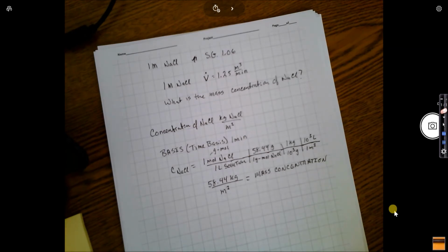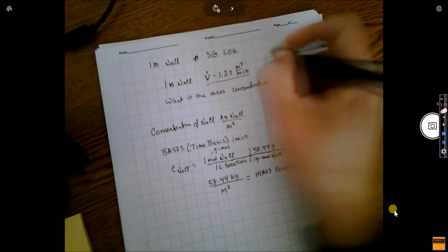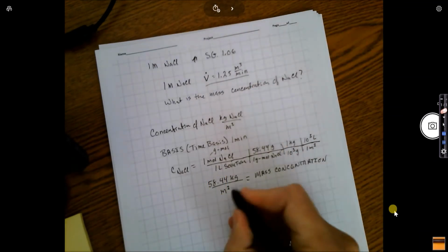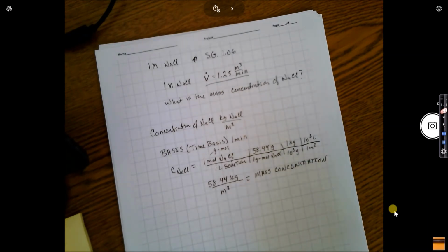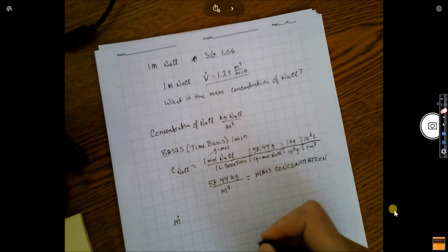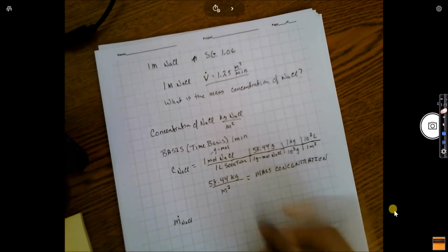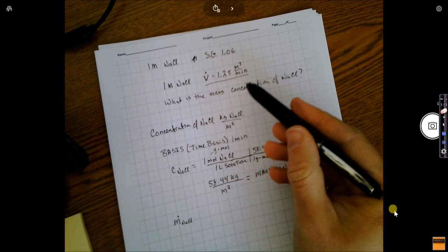The reason is that we're given a volume fraction in terms of cubic meters, so we want our answers in terms of cubic meters, because the next obvious question to ask is: what is the mass flow rate of sodium chloride in this solution, if we have this 1 molar solution going with a volumetric flow rate of 1.25 cubic meters per minute?